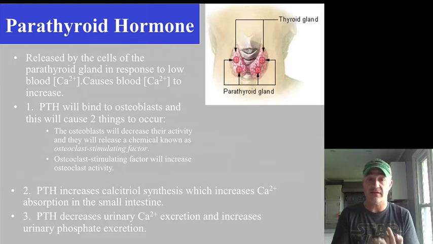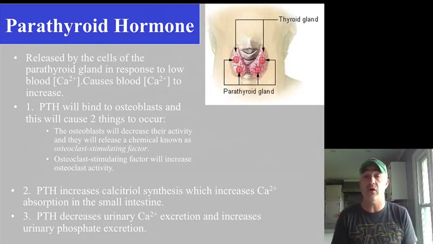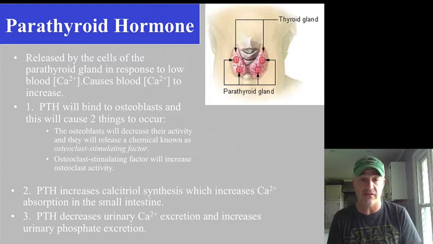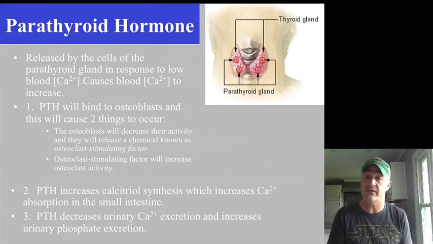So parathyroid hormone binds to osteoblasts and inhibits their activity. And it's also going to cause those osteoblasts to secrete a factor known as osteoclast stimulating factor, which is going to increase that reabsorption of bone. Inhibiting osteoblasts and stimulating osteoclasts is going to increase the release of calcium from bones. That would be one thing that would bring up blood calcium levels. Parathyroid hormone, as we already were saying, is going to stimulate the kidneys to convert more of that calcidiol to calcitriol.